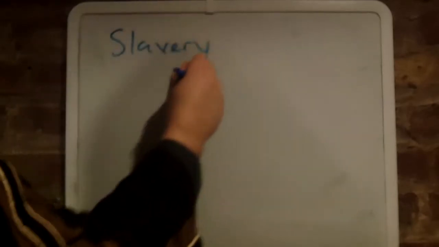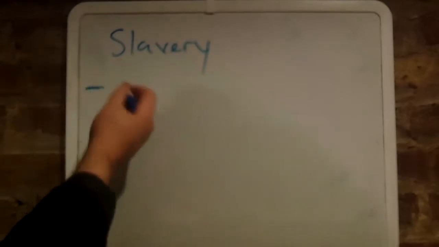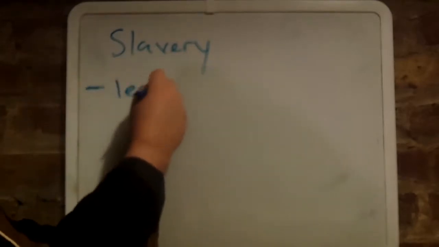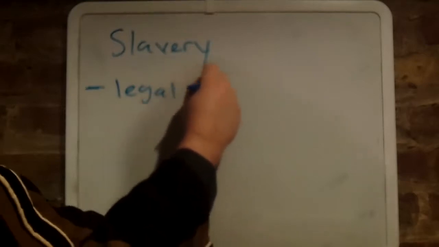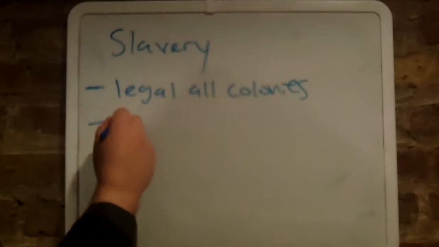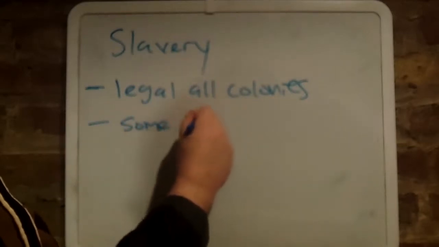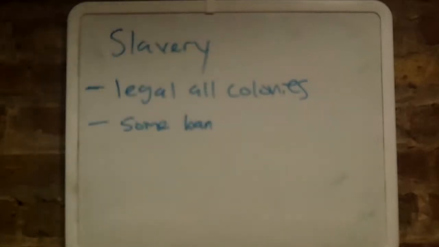Suppose I should also, I skipped this when I was talking, I should have mentioned this in the earlier section, the issue of slavery. So in the beginning, slavery was legal in all colonies. Then later on, some abolished it.